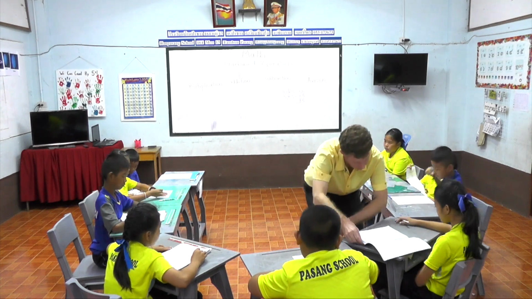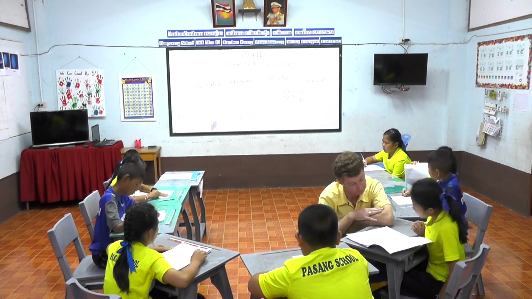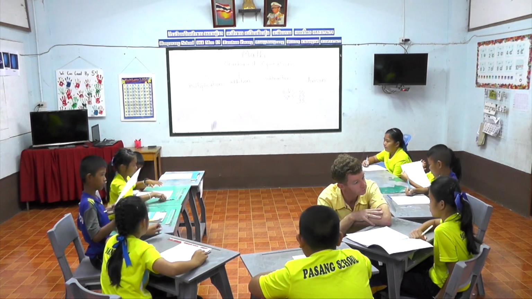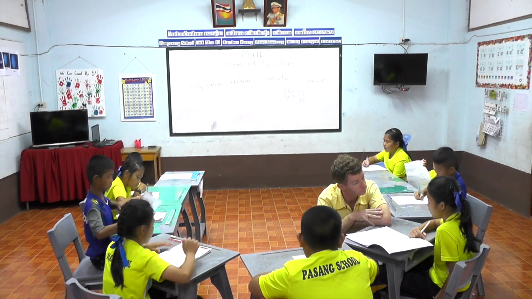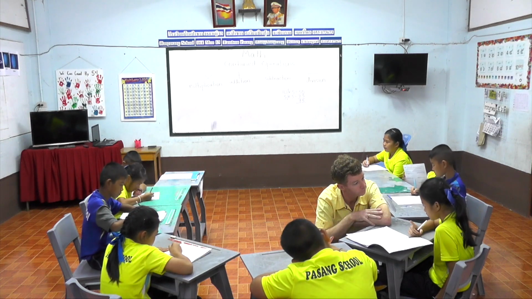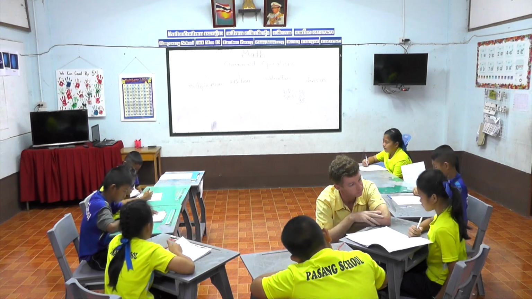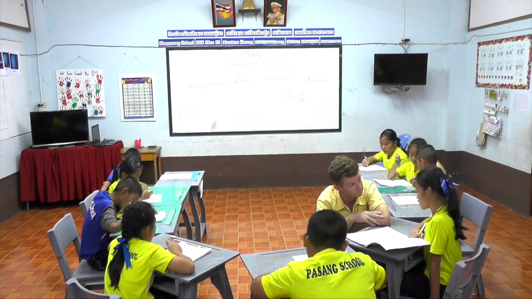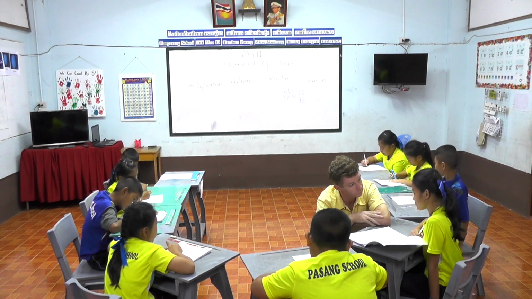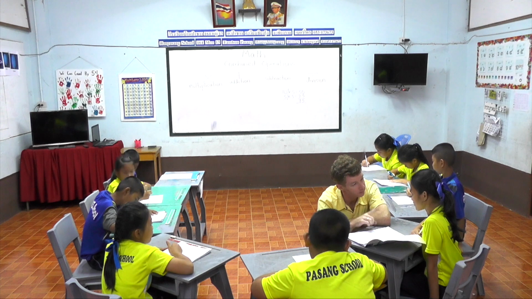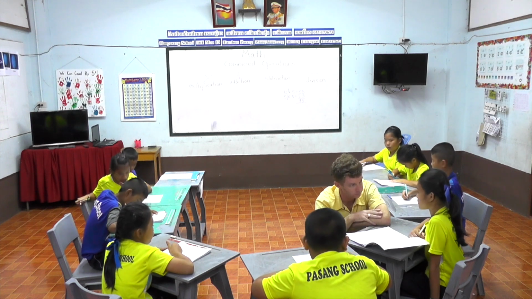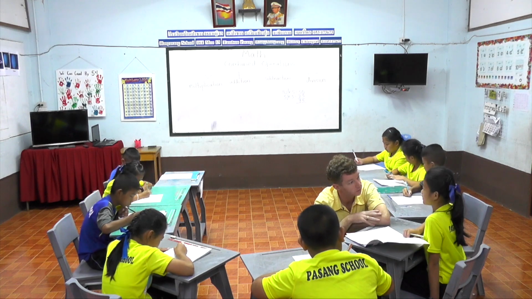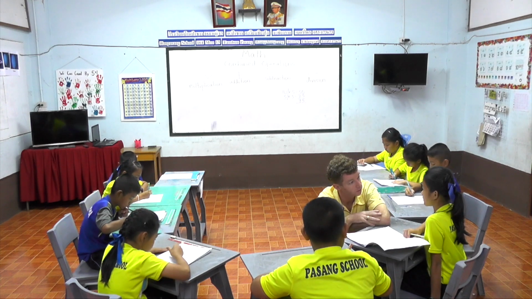Okay, so let's do them together. So where do we start? 15 times 2 equals? Or 2 times 15? Okay, think about 10 times 2. 10 times 2 equals 20. 5 times 2 is 10.